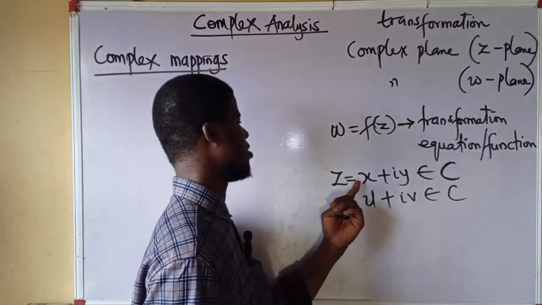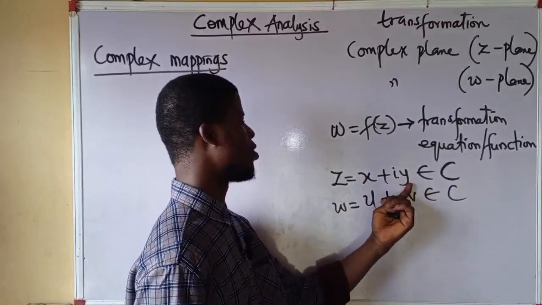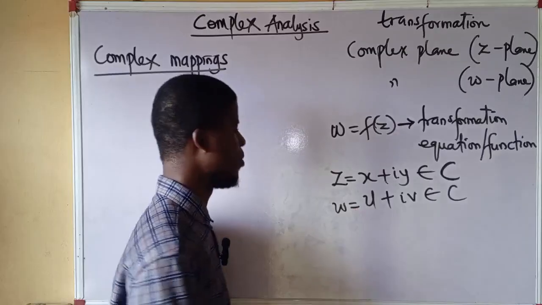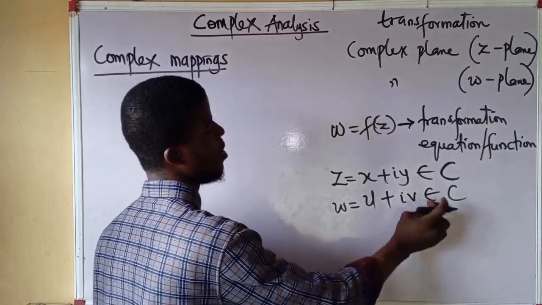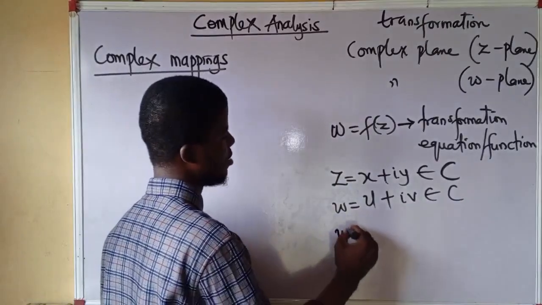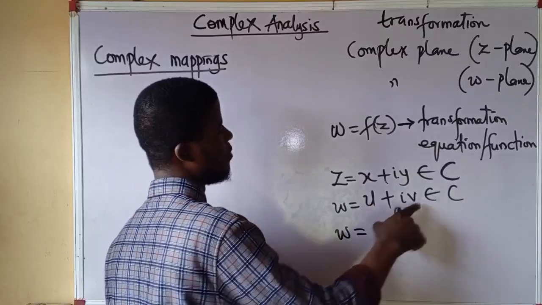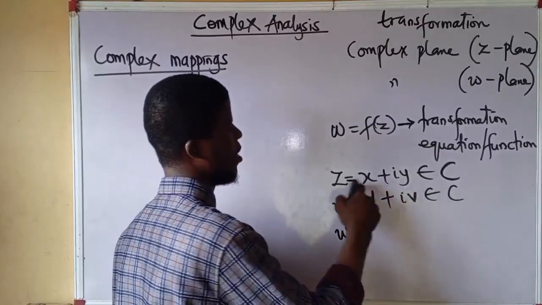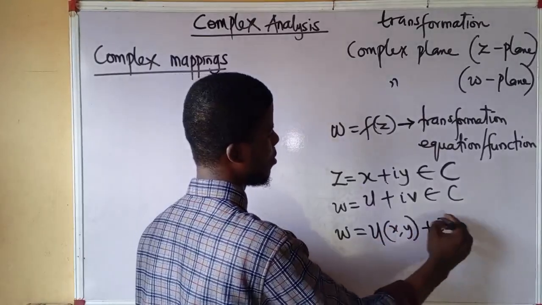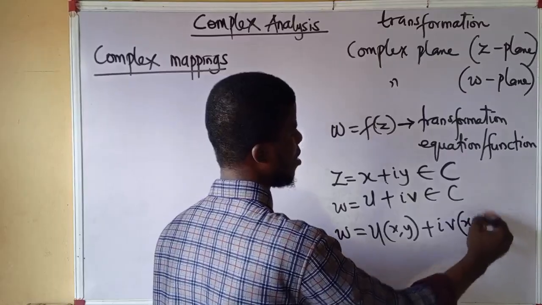Z is x plus iy, which is a member of the set of complex numbers. W is equal to u plus iv, which is also a member of the set of complex numbers. Take note that both u and v are functions of x and y.